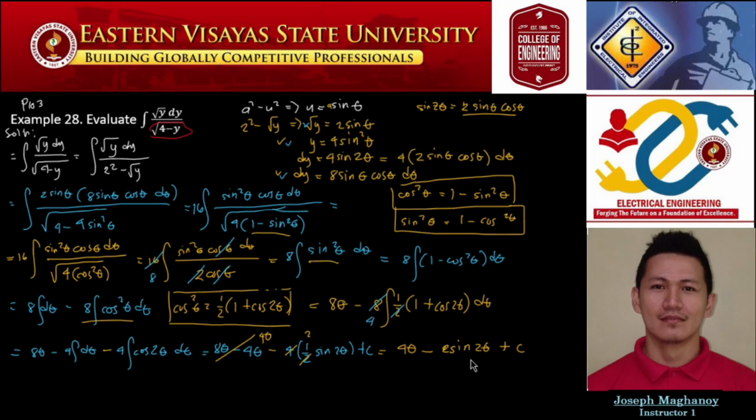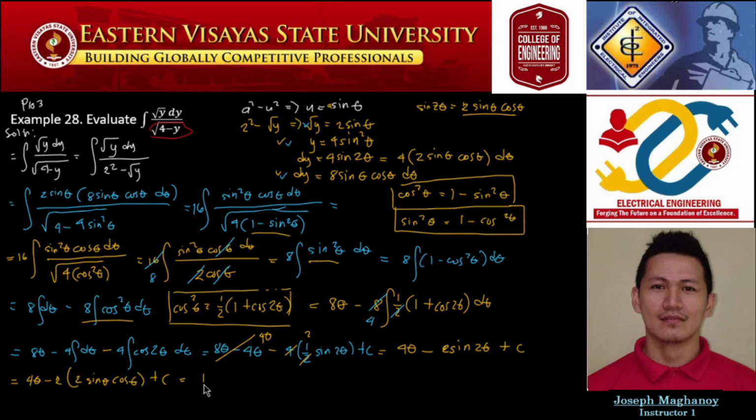We still have an identity here to use. As you can recall, sine 2 theta is equal to 2 sine theta cosine theta. Okay, we replace it. 4 theta minus 2 quantity, we replace it with 2 sine theta cosine theta, plus c.